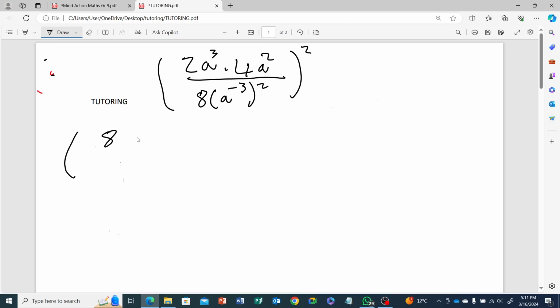You can also write it as a number of exponent in a base of 2, if you want to be stylish. But in the denominator, I have an 8 as it is, so I'm going to leave it as an 8. Then a exponent 3 plus 2, which is 5, because I'm multiplying, divided by 8. Now, when I multiply these two, I'm going to have a exponent minus 6.